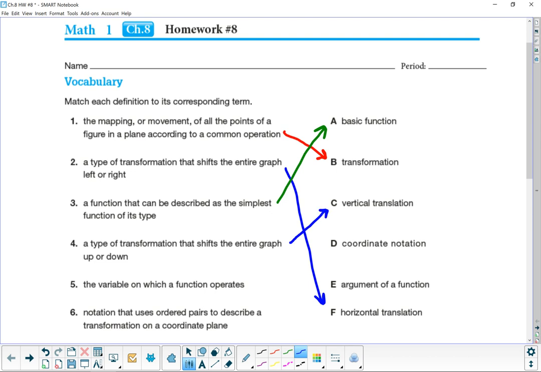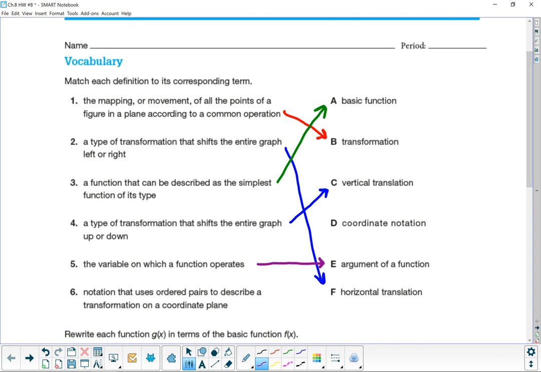A variable on which the function operates. What do you guys think? That's going to be the argument. Usually, the argument is x, or x plus 3 or x minus 3 if we're doing something like what we did today. Notation that uses ordered pairs to describe a transformation on a coordinate plane.